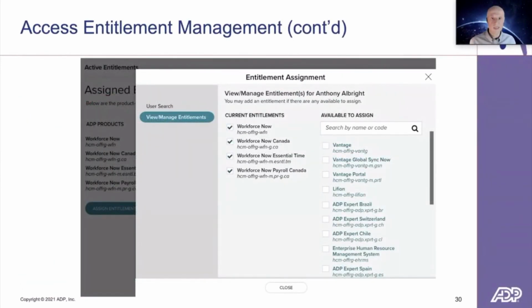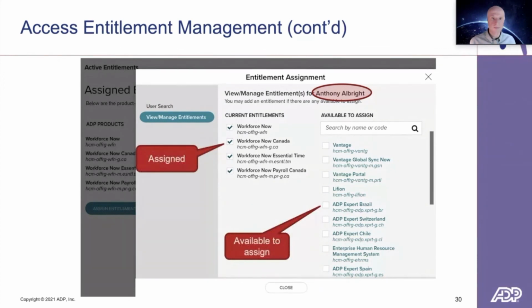Once the product access is assigned, the entitlements can be granularized further for a specific user. Assigned products that the user has access to and the products that could potentially be assigned are also displayed here.